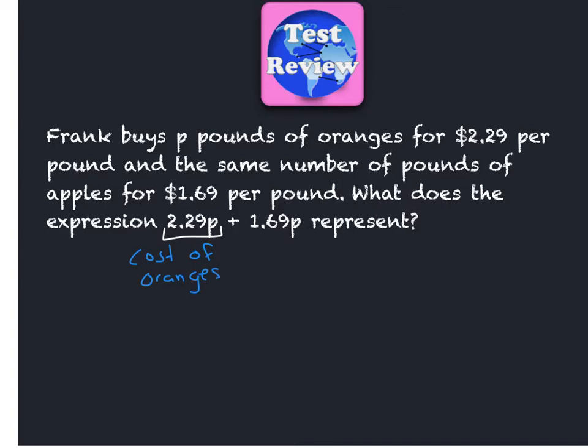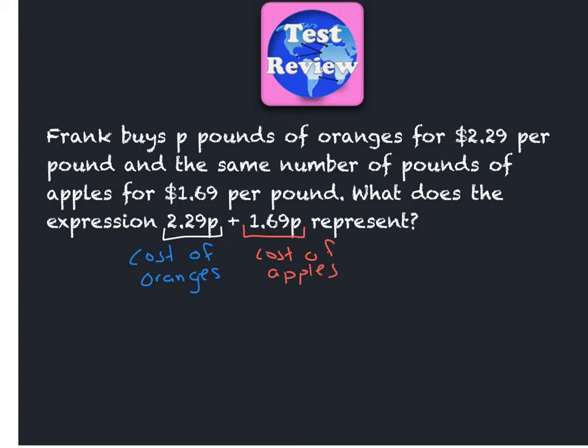Oranges are $2.29 per pound. So 2.29 times the amount of pounds of oranges you get would give you the cost of oranges. And then the 1.69P would represent the cost of the apples.